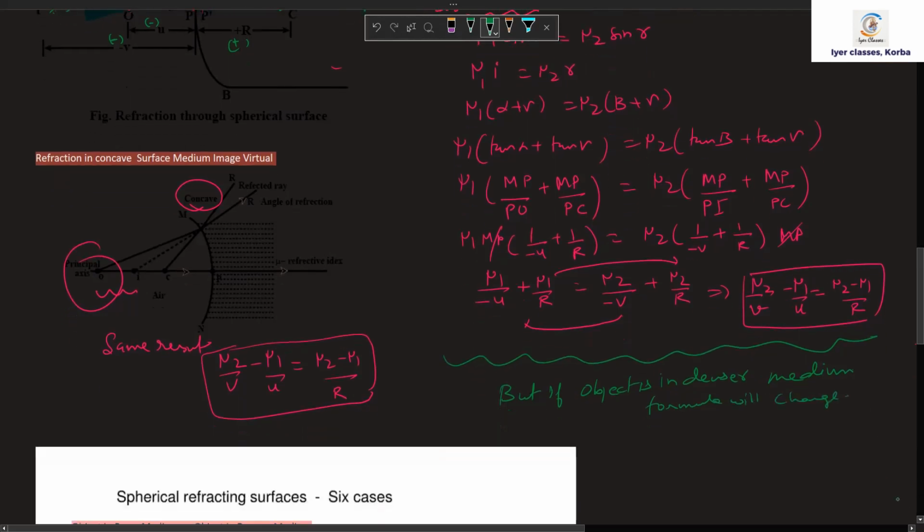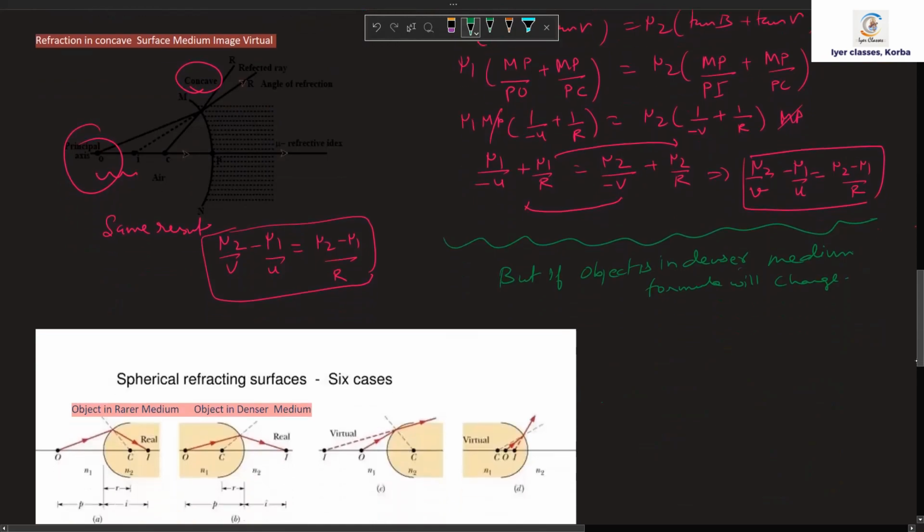In that case, it will be mu1 by V minus mu2 by U, that is equal to mu2 minus mu1 divided by R. What is the change here? Earlier, mu1 had U below it, now mu2 is below it. Did you understand the difference? Yes ma'am. Okay, so it has to be a different formula for both of the cases.